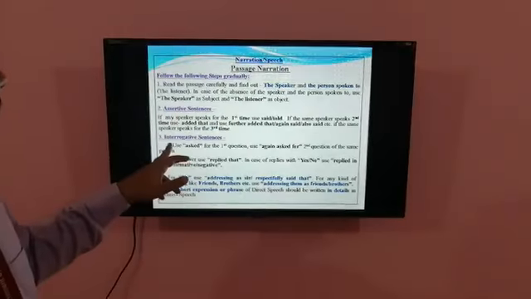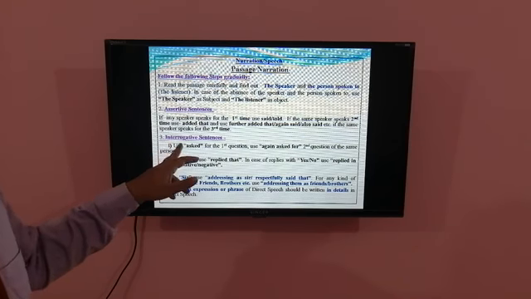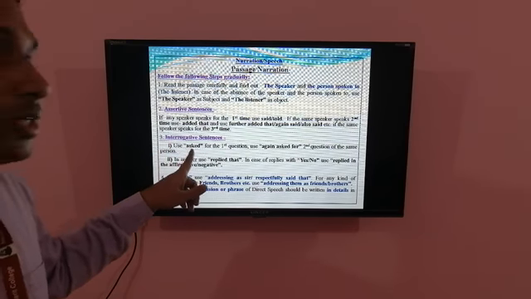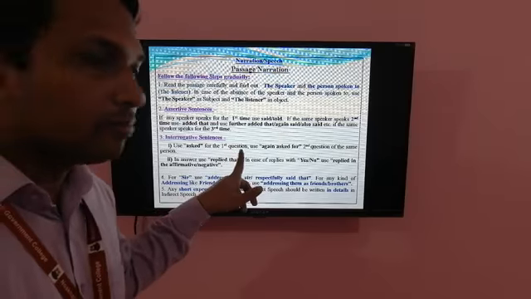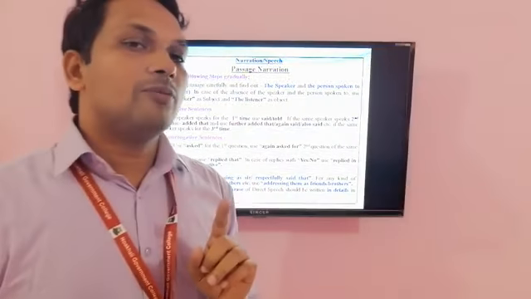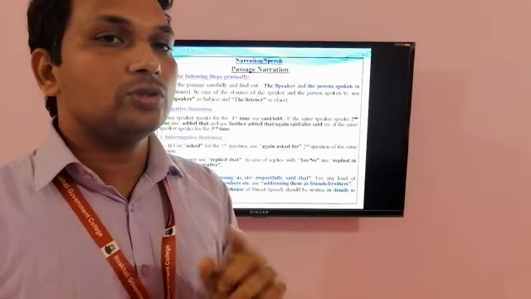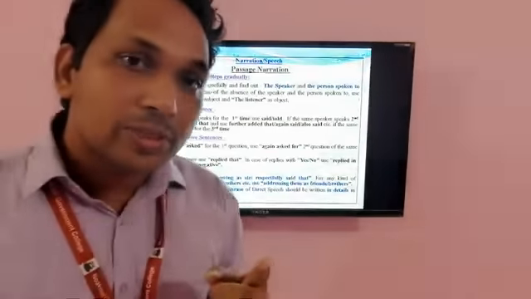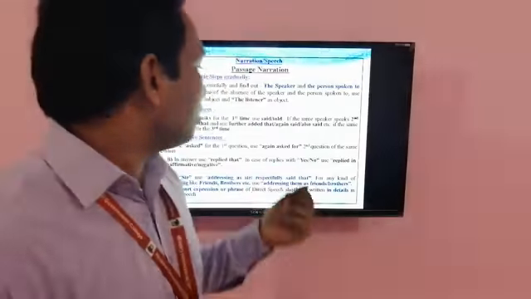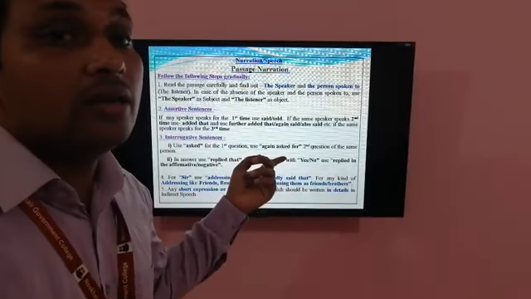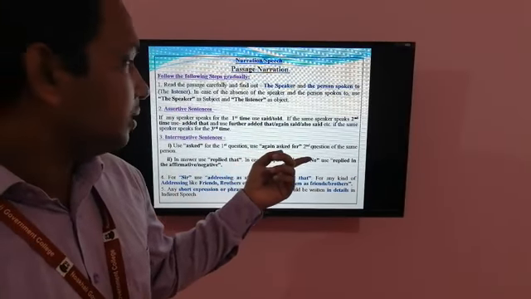Now come to the interrogative sentence. Use 'asked' for the first question. That means if a person makes one question, then you have to use 'asked'. If the same person makes another question, then you have to use 'again asked'.